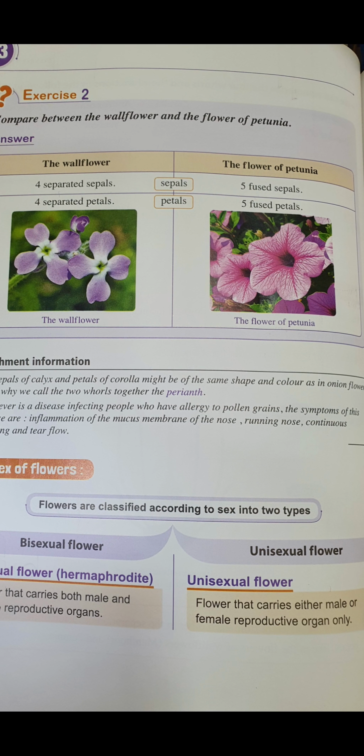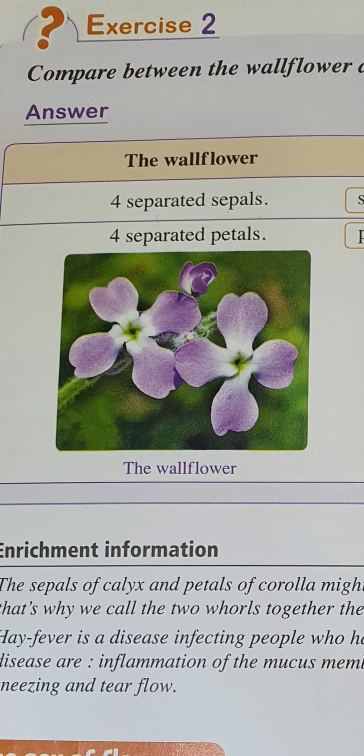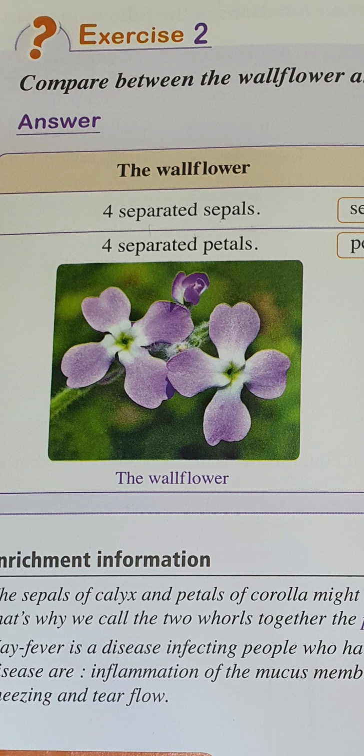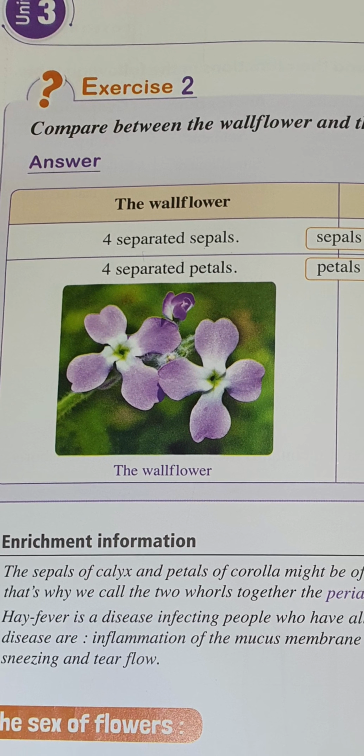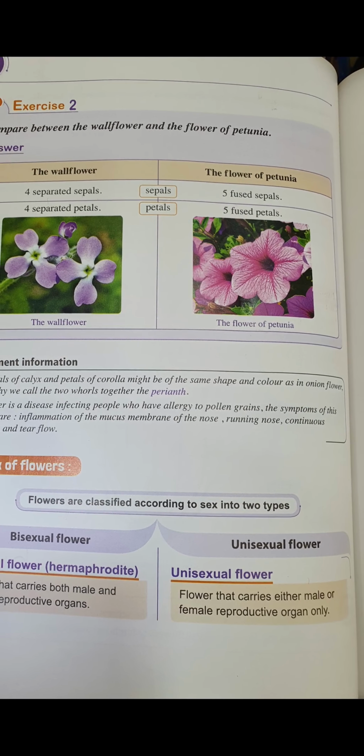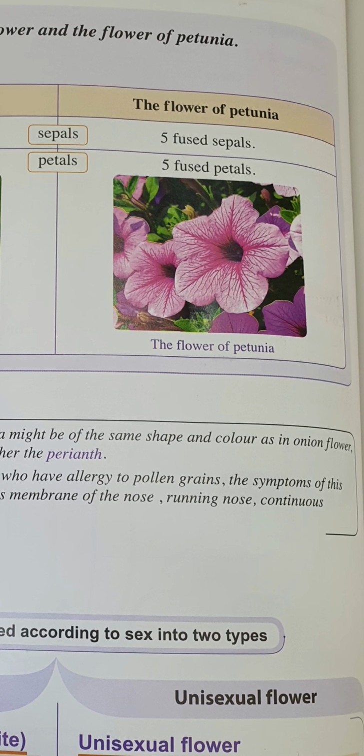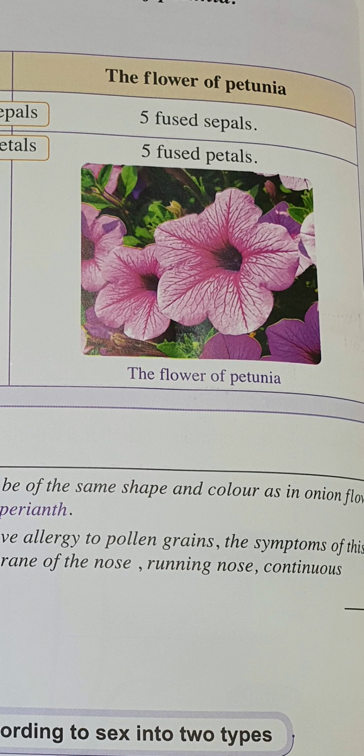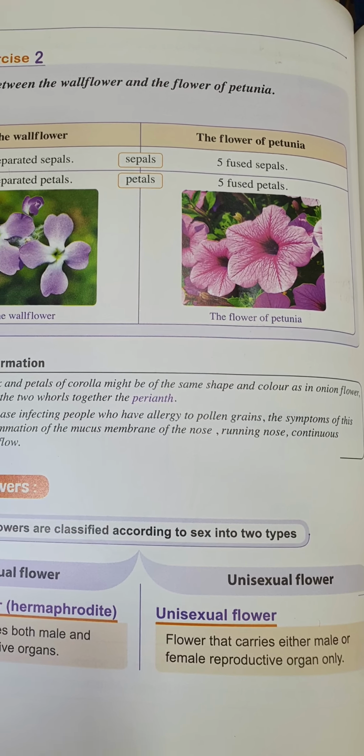You can see the wallflower. The petals are separated from each other. They are 4 petals and they are separated. Look here at petunia. You will see the petals are connected or fused petals and fused sepals.